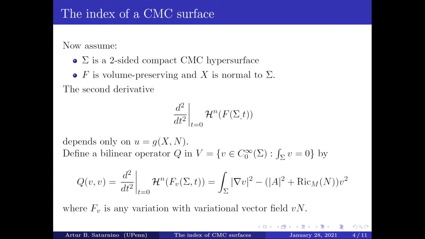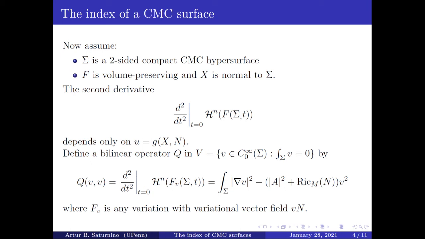In this set V of compactly supported functions with mean 0, we define Q(V, V) to be the second derivative of area for a suitable variation. And here by a suitable variation, I mean a variation that has variational vector field V times N. Now it turns out that there is a nice formula for this stability operator, which is given on the right of the equation by these.